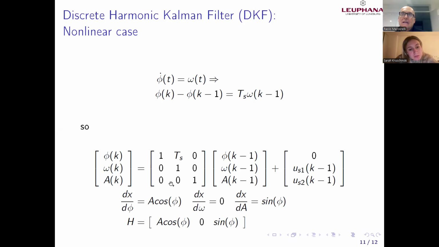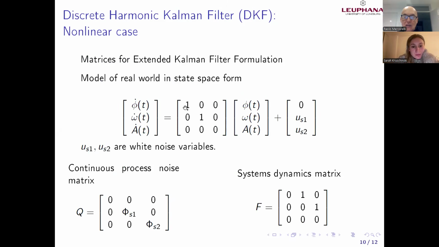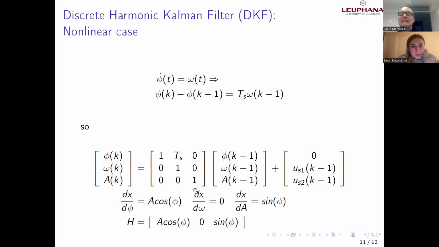do you remember the discrete form of the continuous matrix is the identity matrix plus Ts times the continuous matrix. If you look here after the correction, 0, 1, 0, and everything 0, we have the identity matrix is 1, 1, 1, everywhere 0.